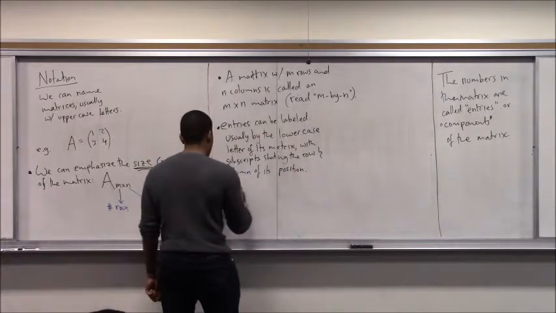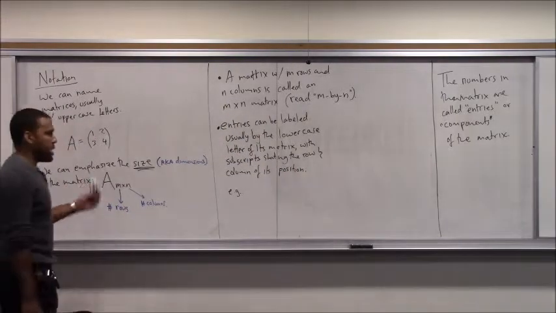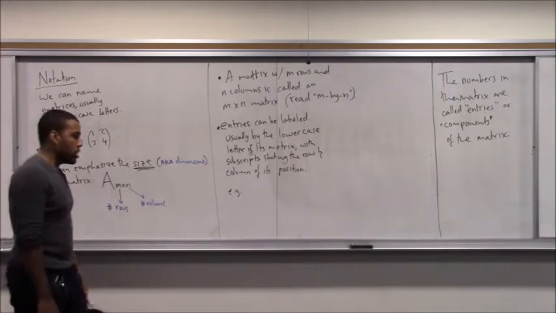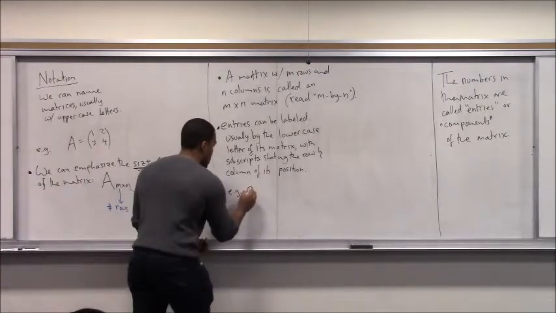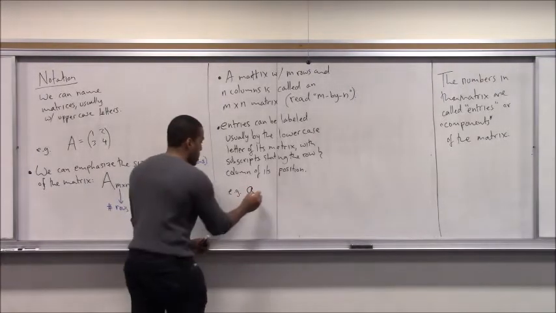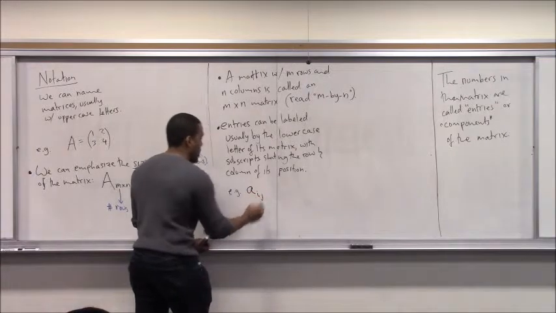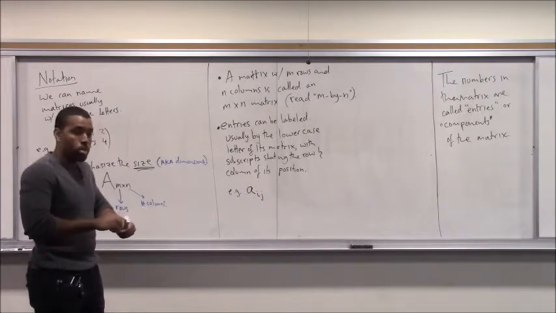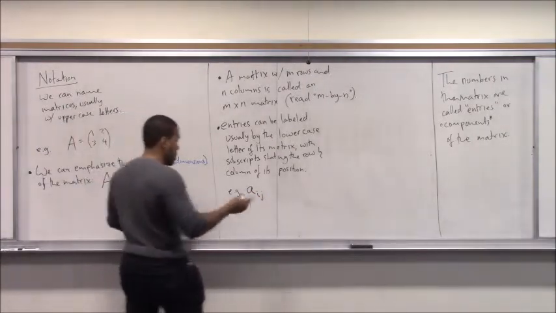So, for example, if you call a matrix uppercase A, you might refer to a specific number in that matrix as little a, and then you'd write something like I and J, where I represents the row position and J represents the column position.